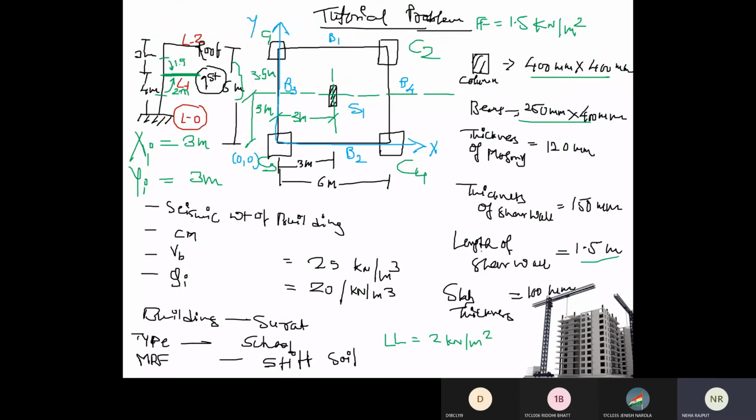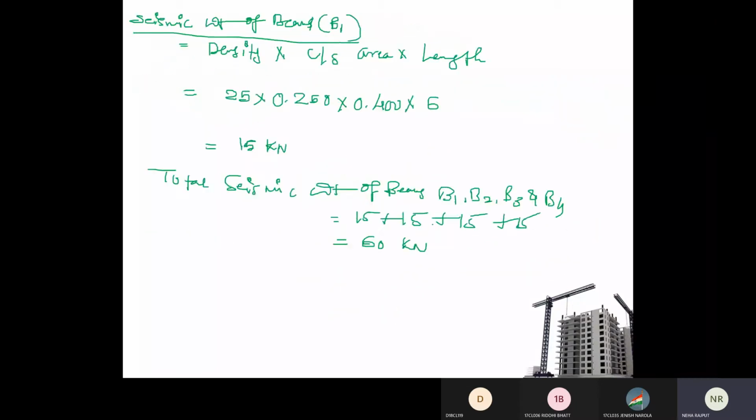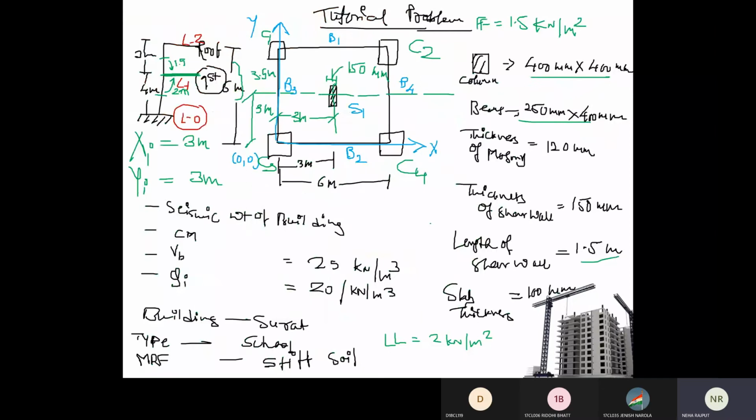and the length is given as 1.5 meter. Now the thickness of shear wall I'm writing over here itself. This is 150 mm. So 0.150 into length, which is 1.5 meter. And what is the height for shear wall?